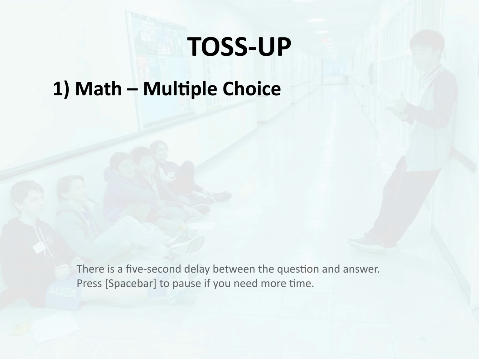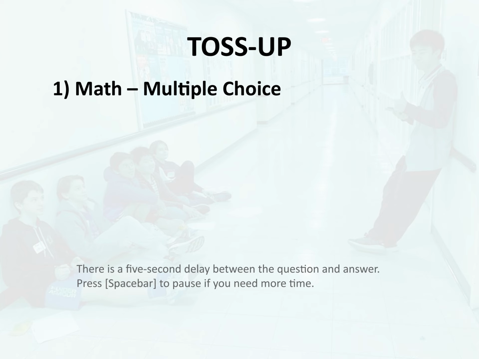Toss-up 1. Math, multiple choice. Which of the following describes the lines represented by the equations 5x + 3y = 15 and -10x - 6y = 60? W. They are parallel.